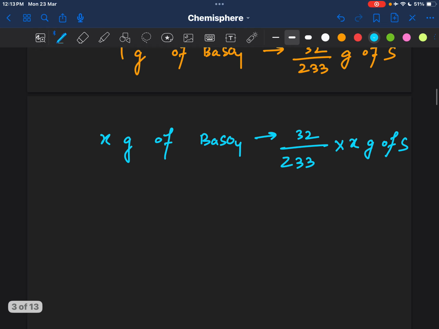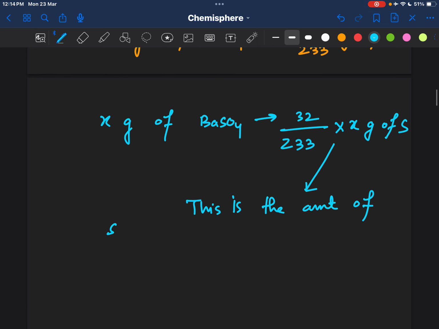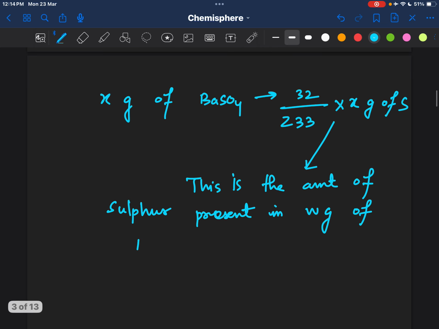This is the amount of sulfur present in W gram of the organic compound.